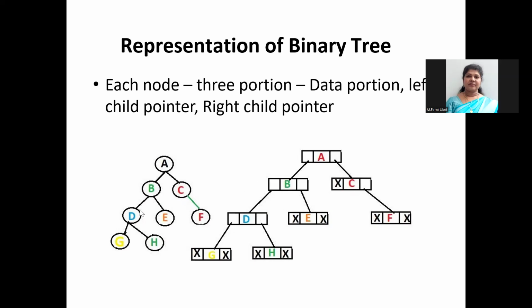And here you see B has D and E. C has no left, only right, so where nothing is there on the left, it is marked as null, but on the right you have a child. E has no left and right, but D has left and right. So here we have a pointer. And since G and H have no left and right, it is marked as X and X.